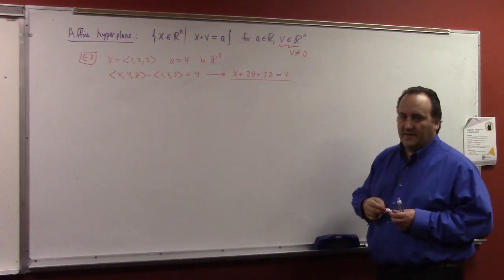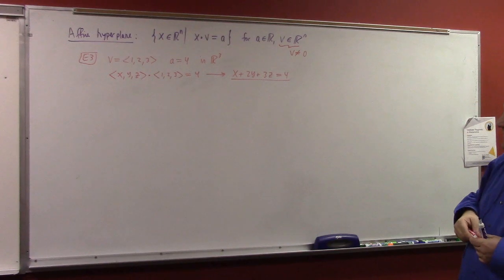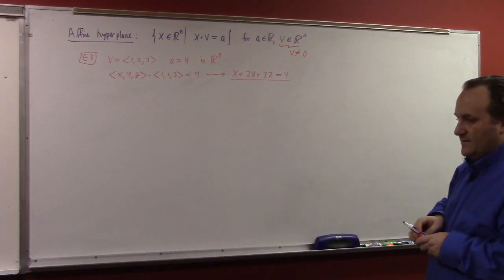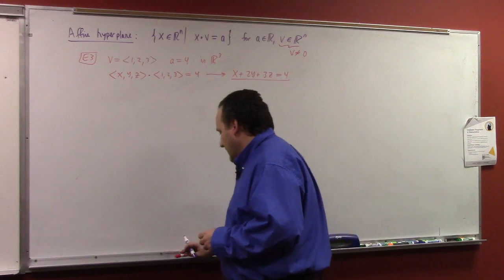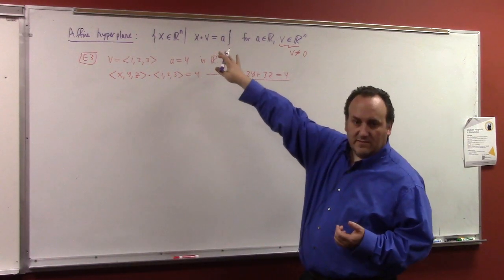The reason it's an affine hyperplane is that it doesn't have to go through the origin. Like that 4 there. If that a is 0, it's a plane through the origin. Otherwise, it is not.